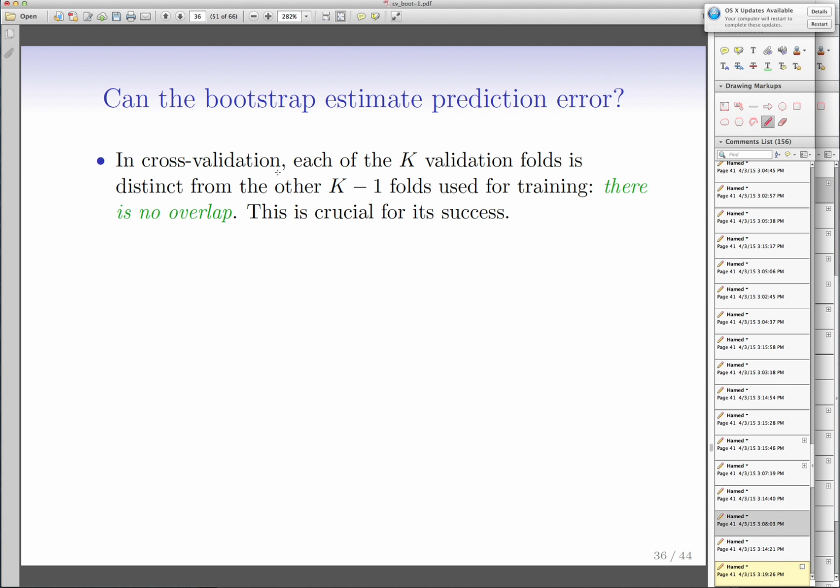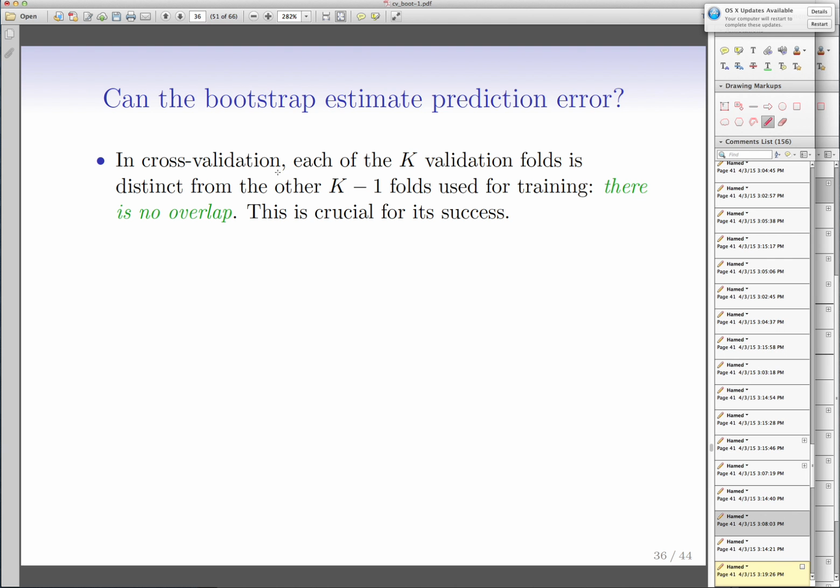Okay, so can we use Bootstrap to estimate prediction error like k-fold cross-validation? No, we cannot, because Bootstrap resamples with replacement. So if we divide our data into training and test set, part of our training set may have test data inside it.